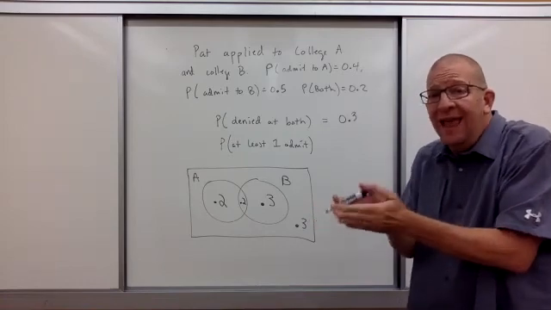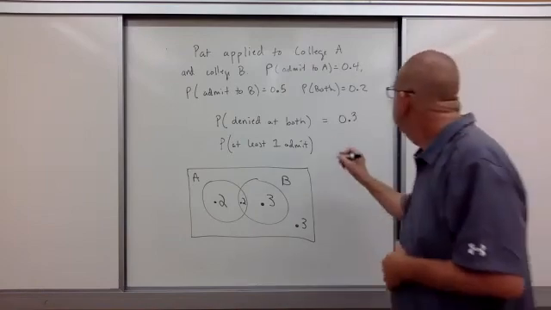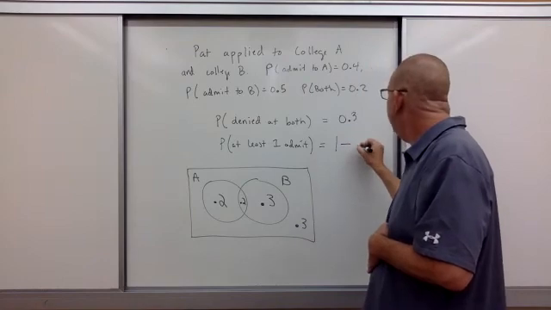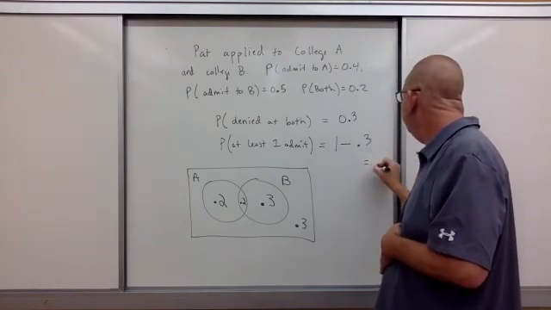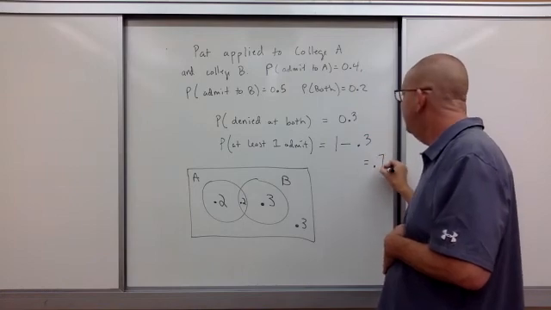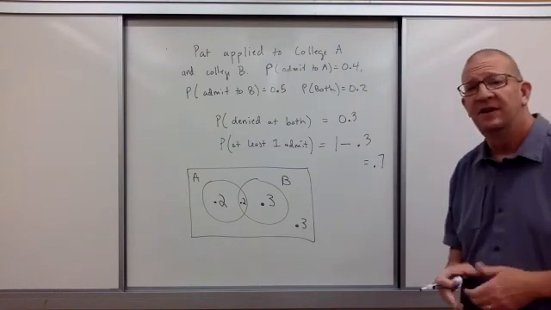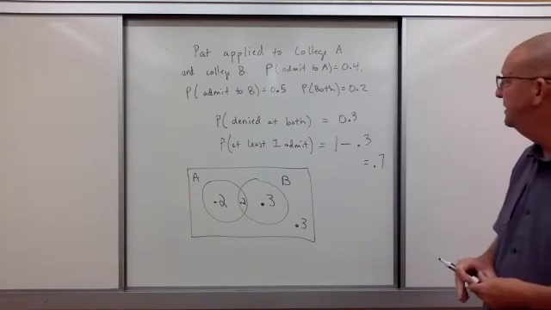That's right. They have to include at least one admit, maybe both. So at least one admit is going to be 1 minus the probability of both denied. And that is 0.7. So Pat has about a 70% chance of getting into at least one of the colleges.